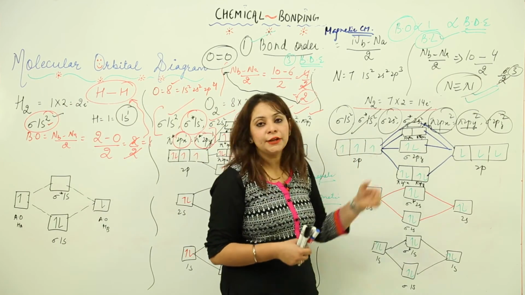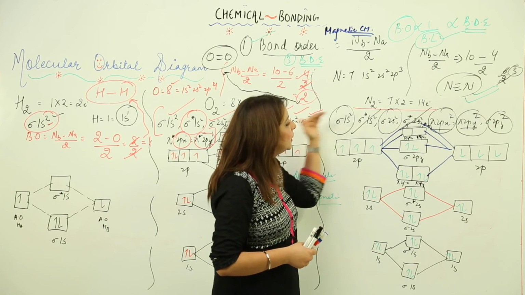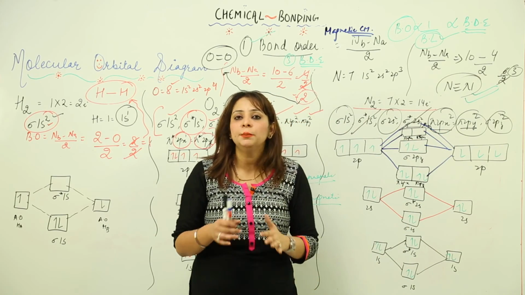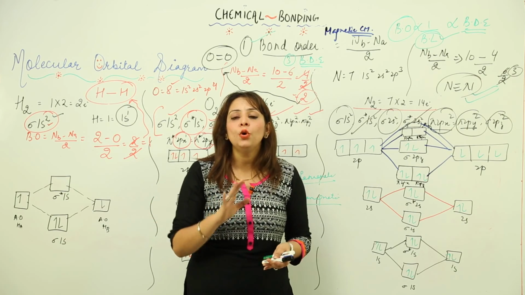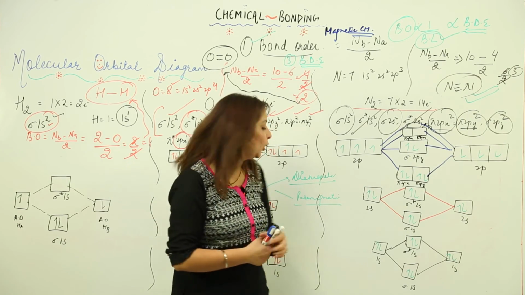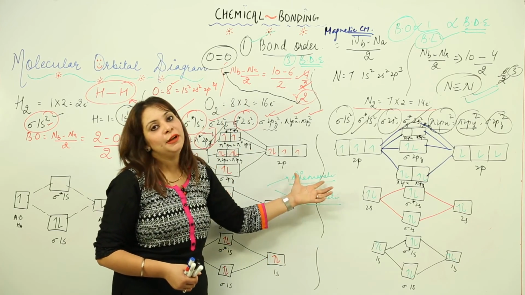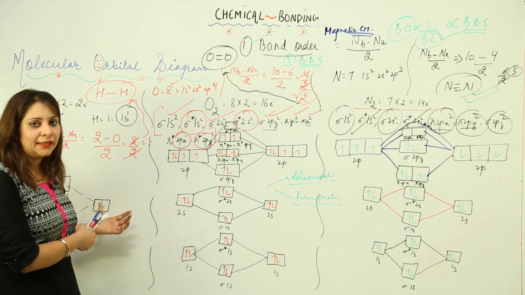Likewise, if you see nitrogen, as you can see, all the orbitals are completely filled. They have 2 electrons, no unpaired electron. And when there is no unpaired electron, we know that the molecule is diamagnetic. It will be repelled, as the hydrogen was repelled in a magnetic field.